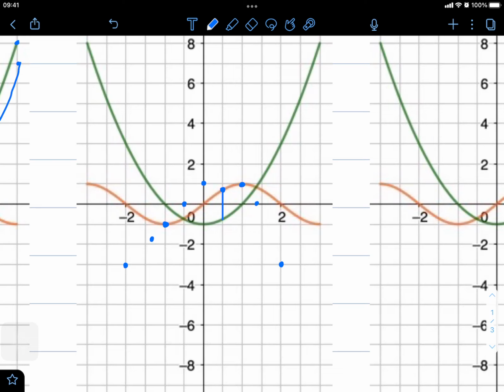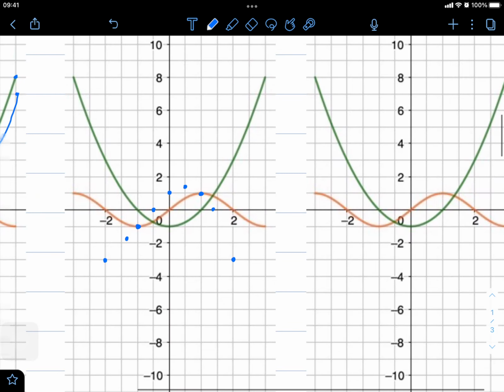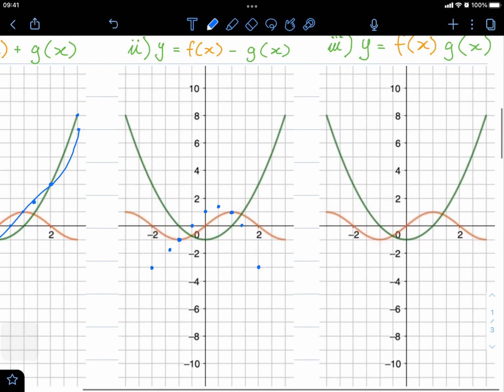This is the same length but negative. So when we add them, or subtract them rather, this is going to double in height. And that there, I think, already is enough for us to sketch this function.